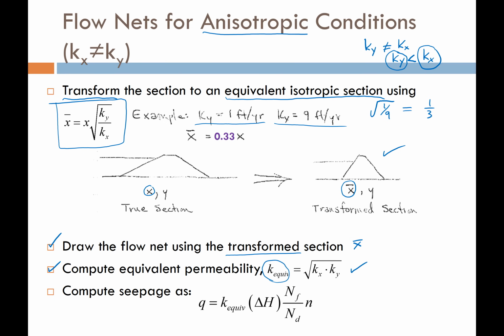Once we have our equivalent hydraulic conductivity, we're going to draw the flow net just like normal, with nice square elements and all the rules we talked about, but using these x-bar coordinates. Then once we have the flow net drawn, we can compute seepage using this equation right here. The only difference is we're using the equivalent K and our flow net drawn on the transformed axis rather than the original linear axis.